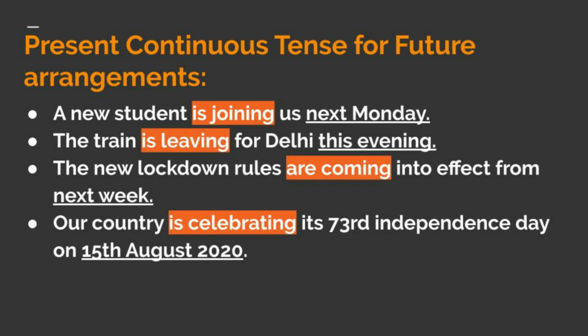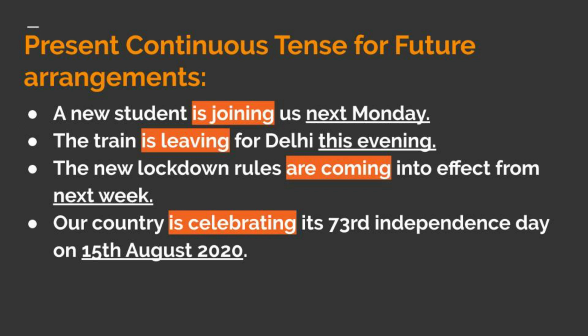You can see that is an ing form of leave, and you get the present continuous again with the specified time, this evening. The new lockdown rules are coming into effect from next week. So you've got the time and the ing form with the helping verb.